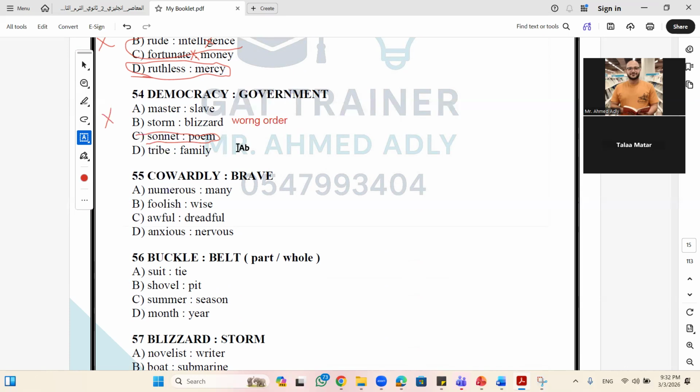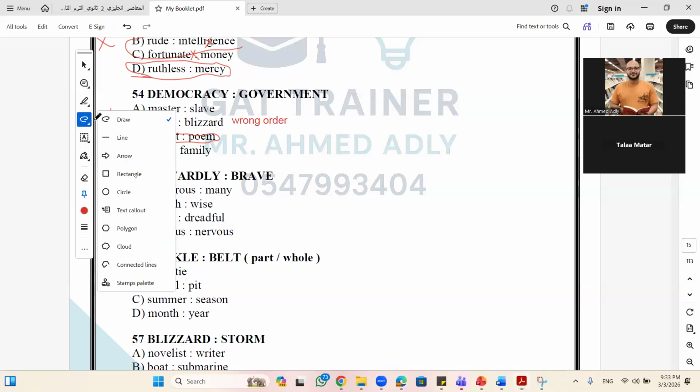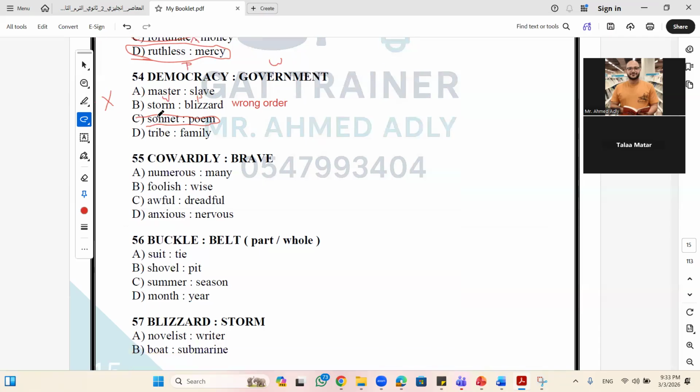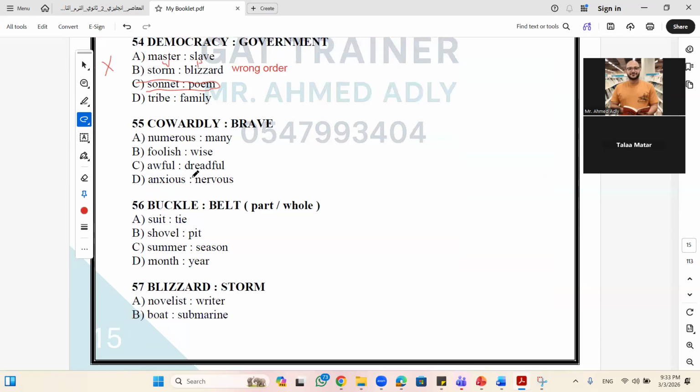If it were blizzard and storm, okay, because we have the type first. So here, this is a type, and this is a whole, but here this is a whole, and this is a part. Here, sonnet is a type of poem.